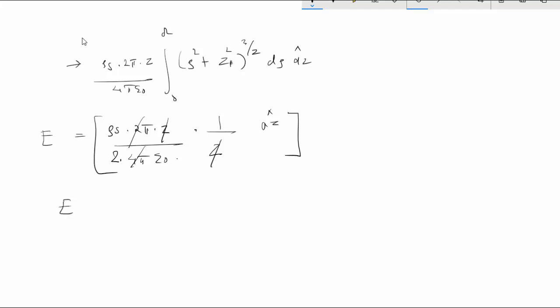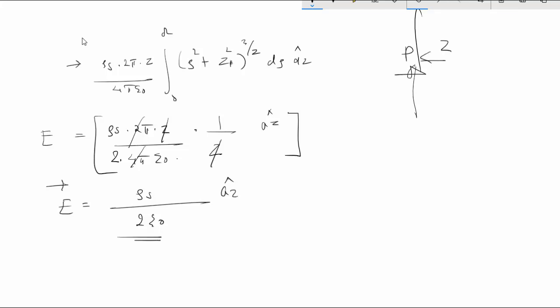So your equation will finally be equal to rho s upon 2 epsilon naught and az. So the electric field intensity you are getting will be in the direction of the z which we had taken. So this is the final equation of the electric field intensity due to a surface charge distribution.